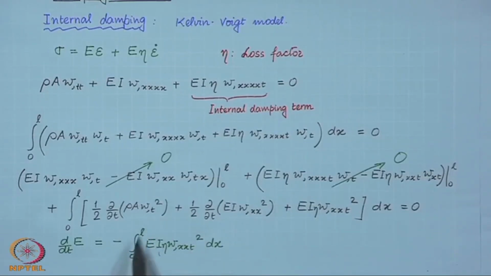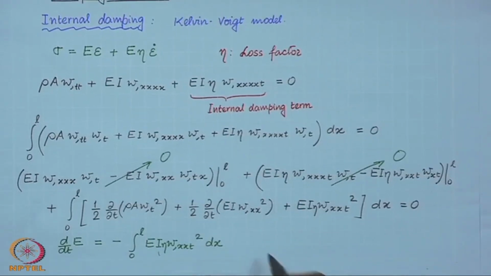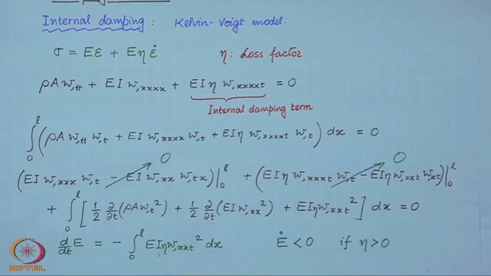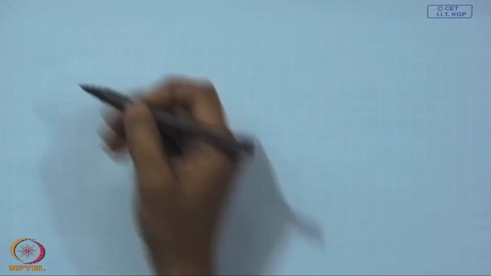So, integrated over the length of the beam, this must be positive quantity if eta is positive, and therefore, the rate of change of energy is negative, which means that energy always reduces. So, if this loss factor is positive, then this term is going to drain the mechanical energy.